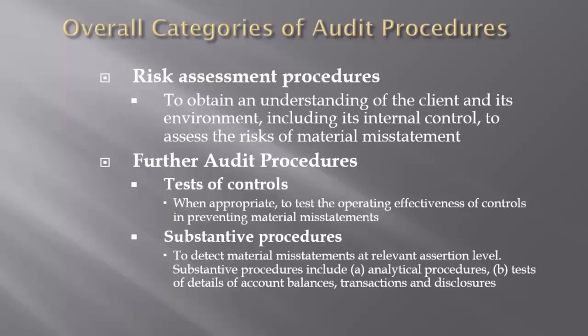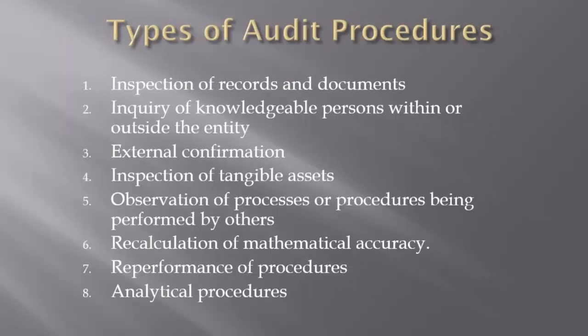Now keep in mind that these further audit procedures can in fact include test of controls, if we're considering this from the perspective of the 404 testing for Sarbanes-Oxley. Some typical audit procedures: inspection of records and documents, inquiries of people within the organization and outside the organization, external confirmation.